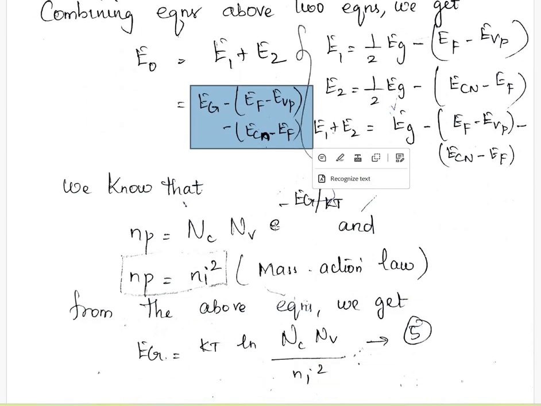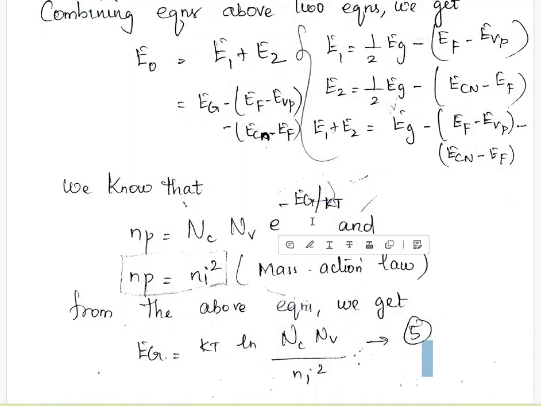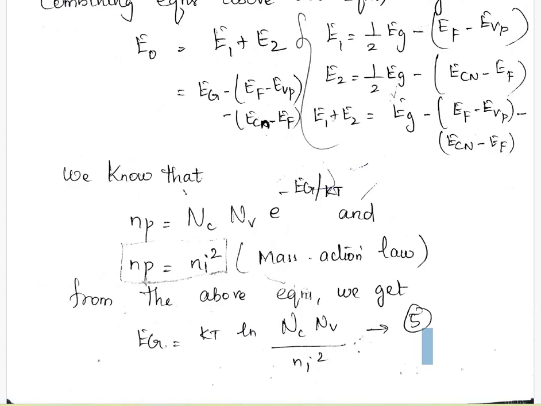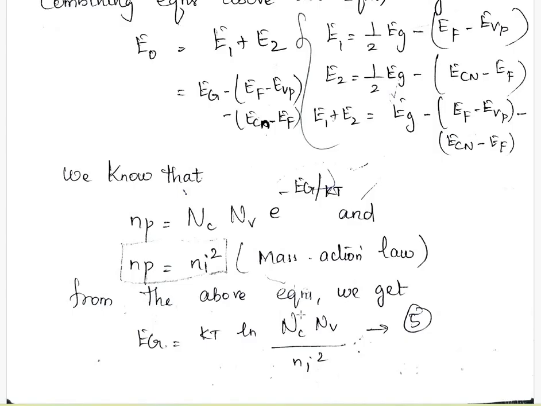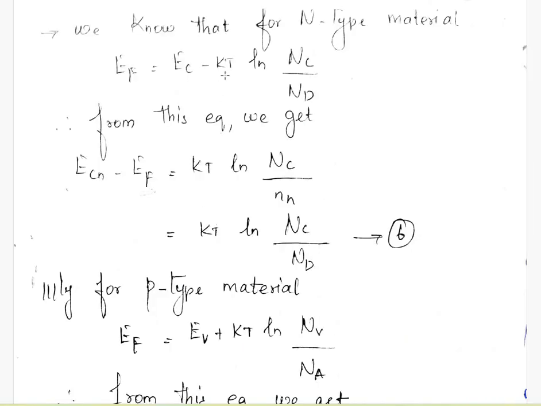NP equals NC NV e power minus Eg by KT, and we also know by the mass action law that NP equals Ni square. So from this equation Eg equals KT ln Nc Nv by Ni square.